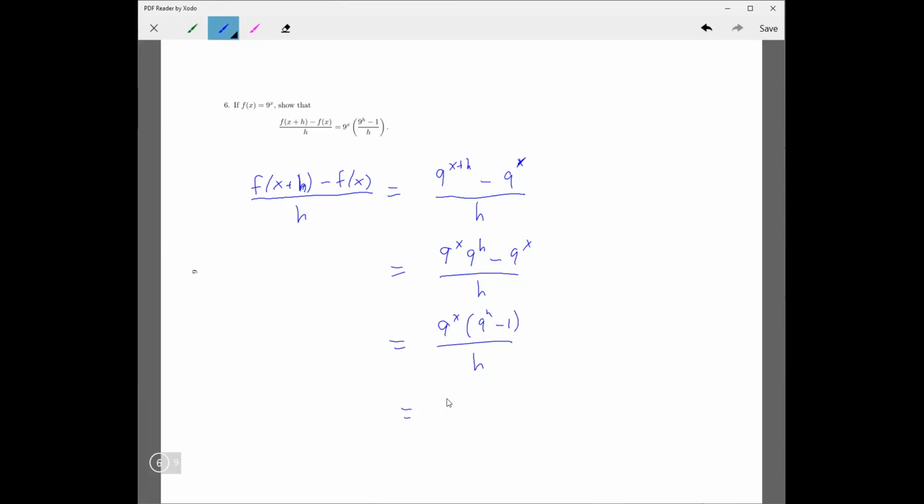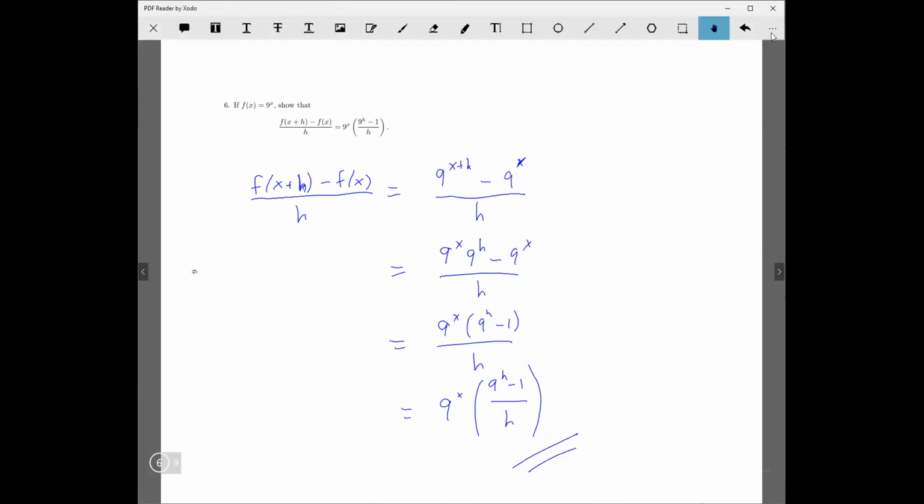And then it factors all the way out like this. So that's number 6. Let me know if you have any questions.